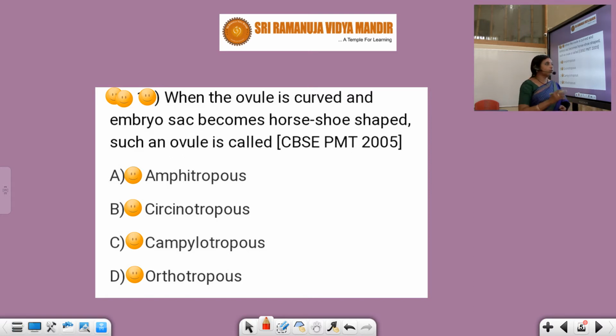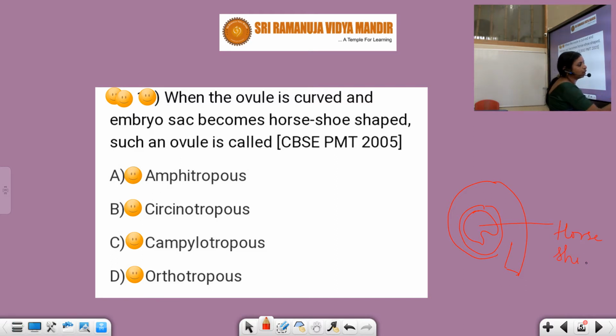In which type is the embryo sac structure affected? Only in the amphitropous ovule, because the ovule bends and comes so close to the funicle that the structure of the embryo sac is also affected and it becomes horseshoe like.